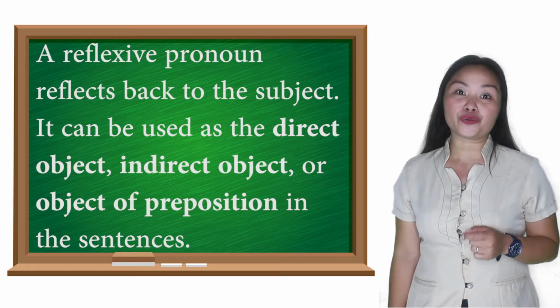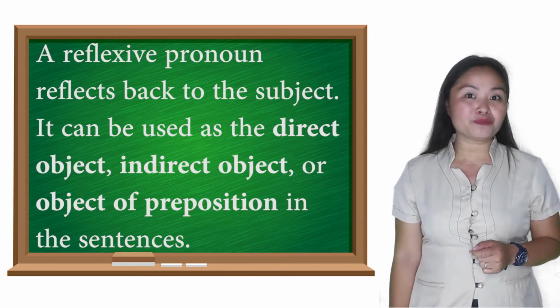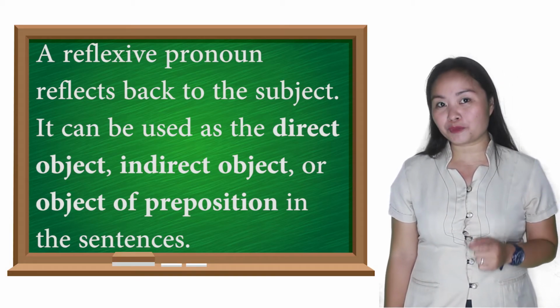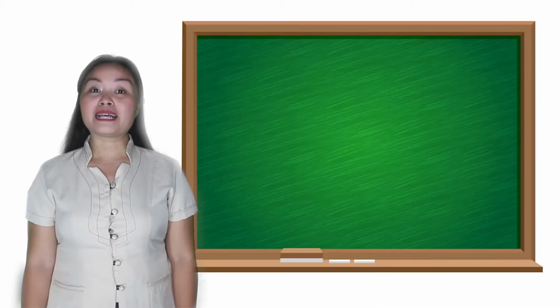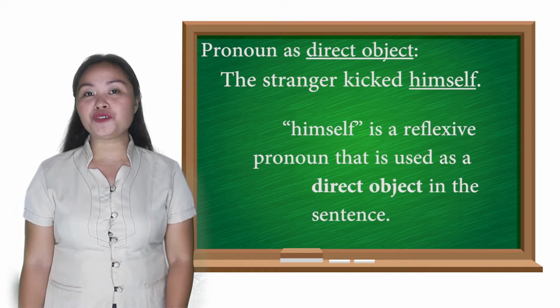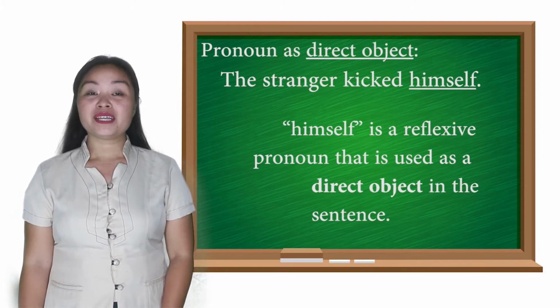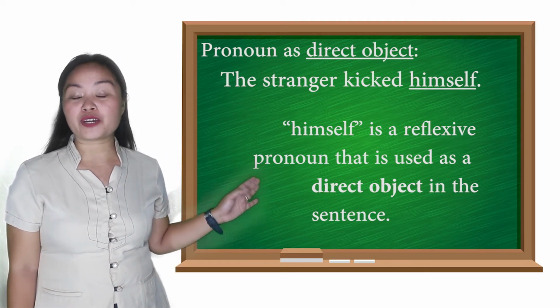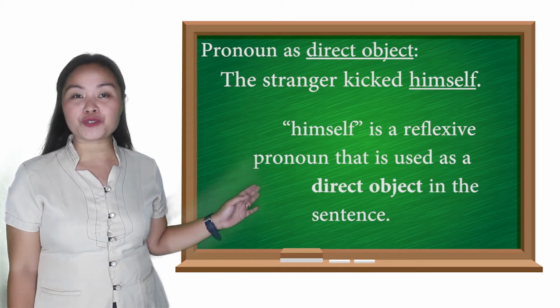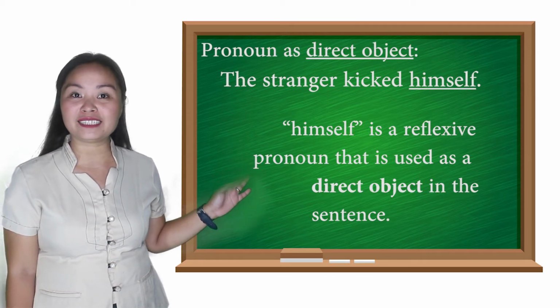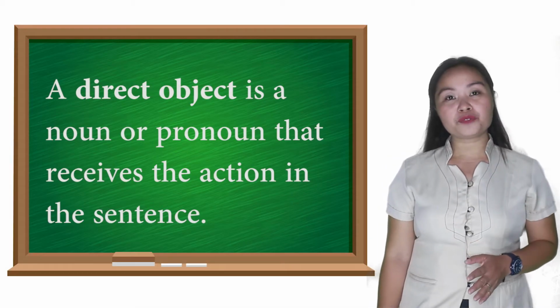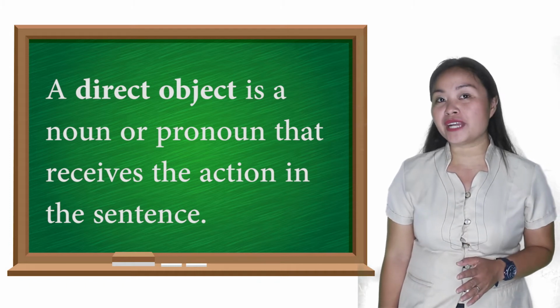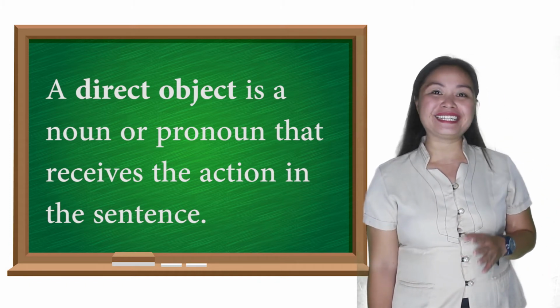It can be a direct object, indirect object, and object of the preposition in the sentences. Example for reflexive pronoun used as direct object: The stranger kicked himself. Himself is a reflexive pronoun that is used as direct object in the sentence. A direct object is a noun or pronoun that receives the action in the sentence.